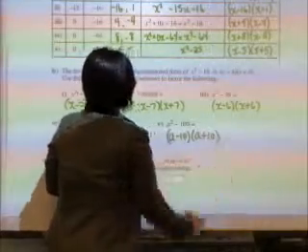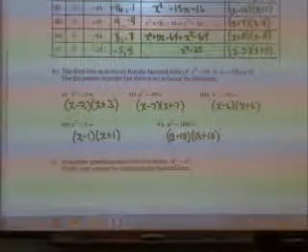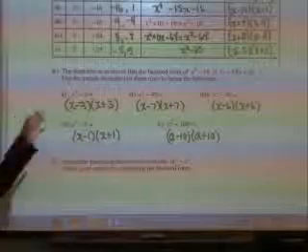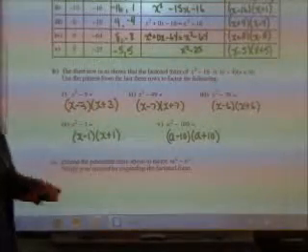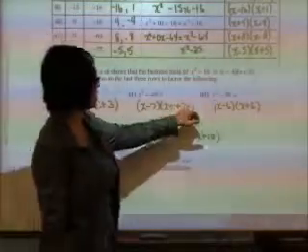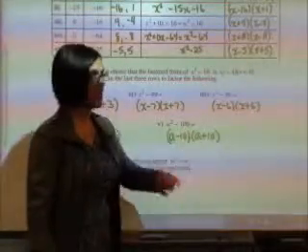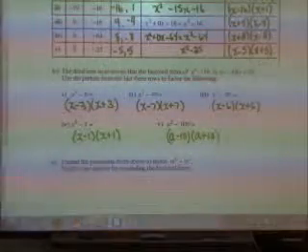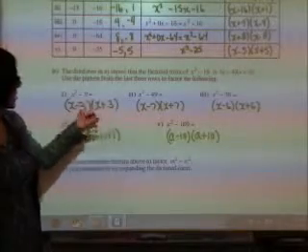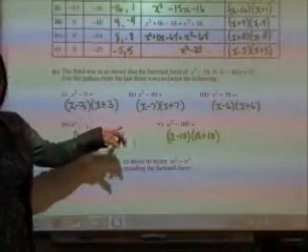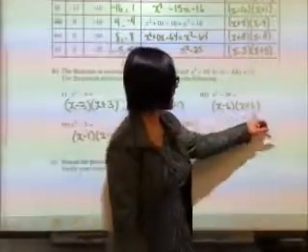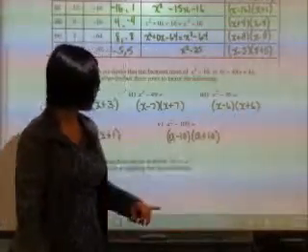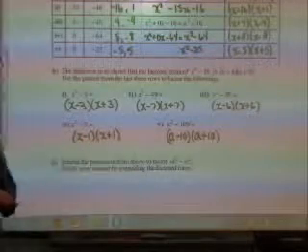In all of these polynomials, if I were to expand them out, the first term would be x squared, x squared, x squared, x squared, a squared. The last term is the product of the last two terms in each binomial: negative 9, negative 49, negative 36, negative 100, negative 1.